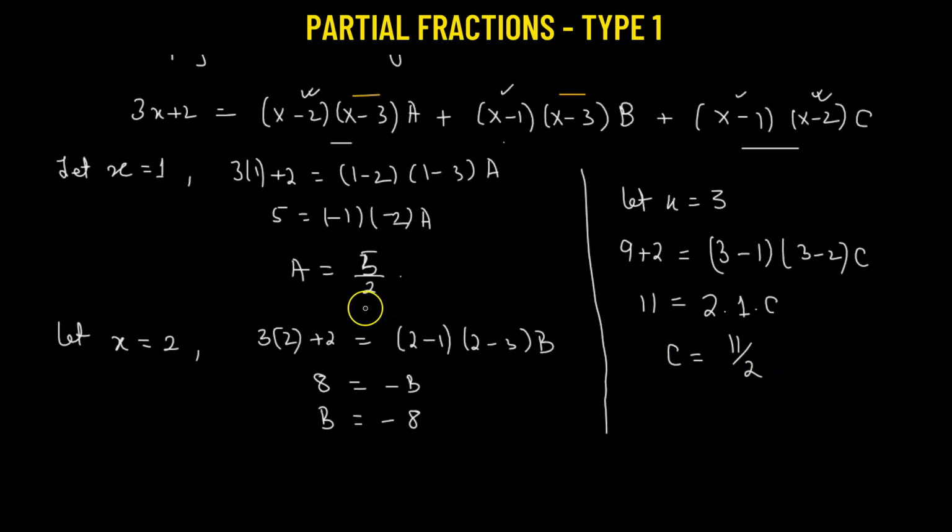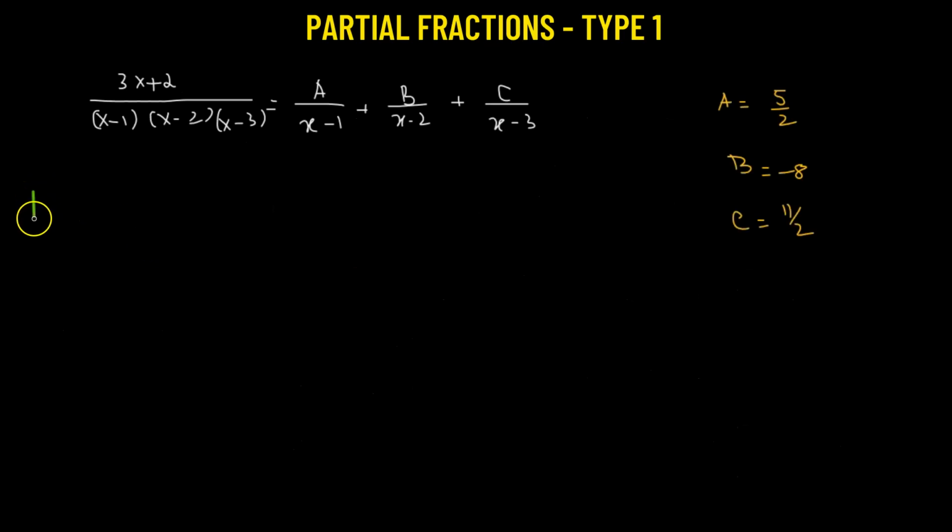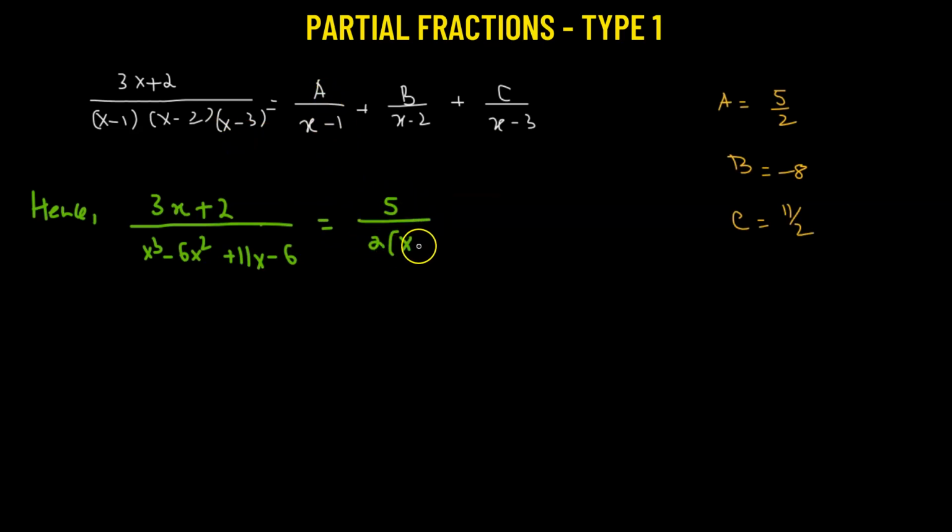So we have successfully obtained the values of A, B, and C. Now we substitute these three values back into our equation, and this gives us the final answer. Our given rational fraction, 3x plus 2 divided by x cubed minus 6x squared plus 11x minus 6, which factorizes into x minus 1, x minus 2, and x minus 3, equals A over x minus 1, where A is 5 over 2, that is 5 over 2 times x minus 1.